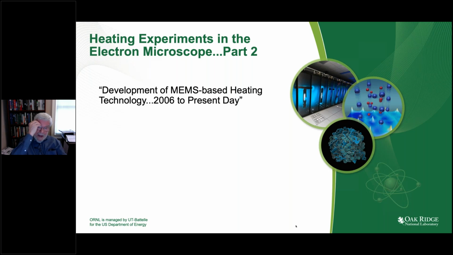Protochips company, and he described this new device that they were able to make based on MEMS technology, where they could use this little silicon chip that had a membrane deposit on it that they could heat to the magic number of 1,000 degrees centigrade in as little as a millisecond.